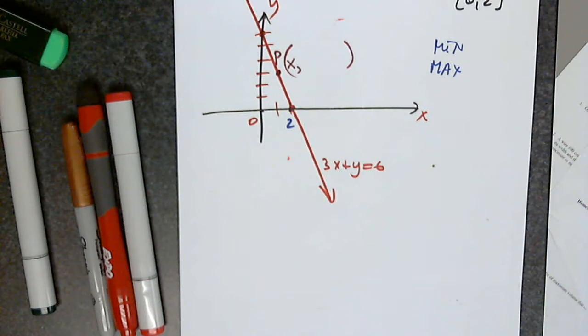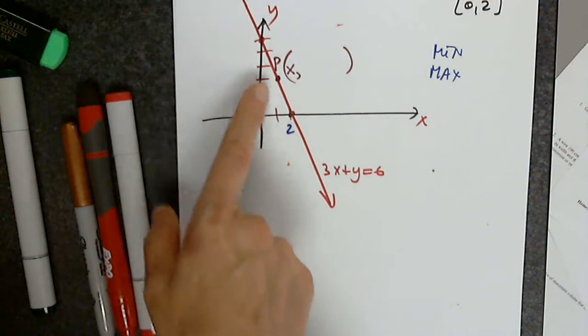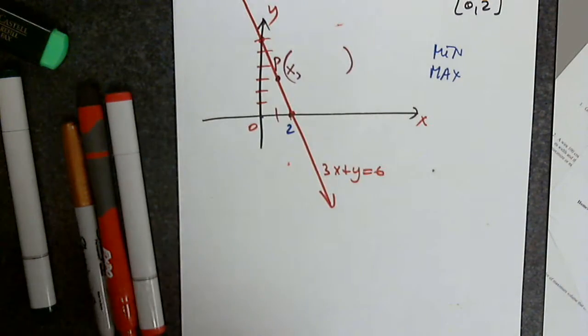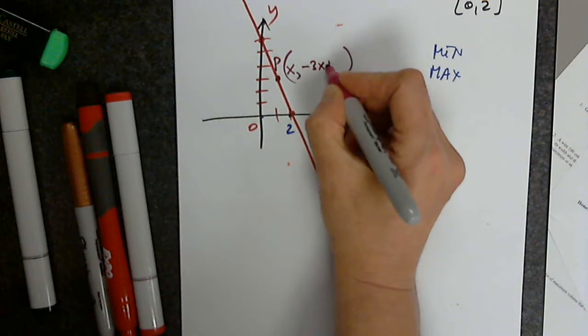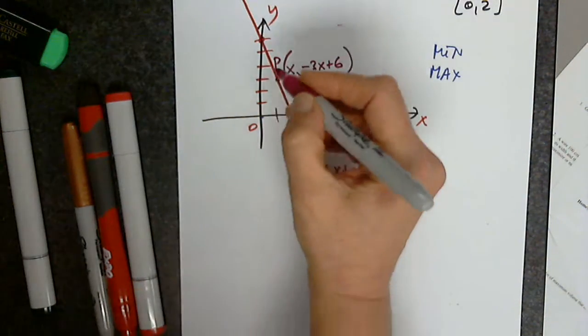I picked x to be x, and then the y coordinate will be 6 minus 3x. Exactly. If the point is on the line, its x and y have to verify this equation. So y will be negative 3x plus 6. Excellent.